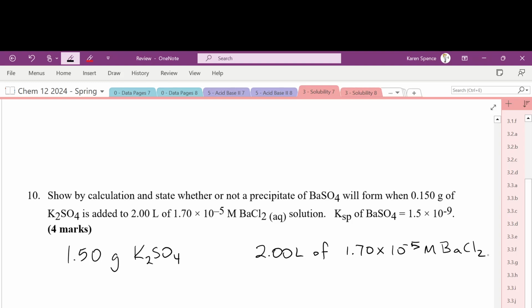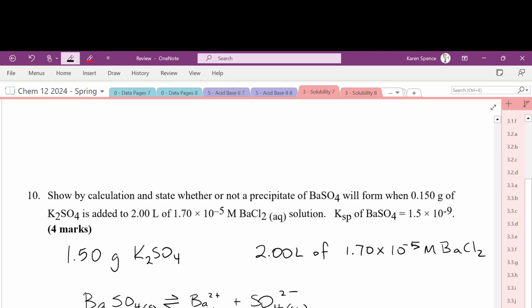So we want to know barium sulfate. So barium sulfate, solid, in equilibrium with Ba2+ plus SO4 2 minus, aqueous. Ksp is equal to the concentration of barium times the concentration of sulfate.